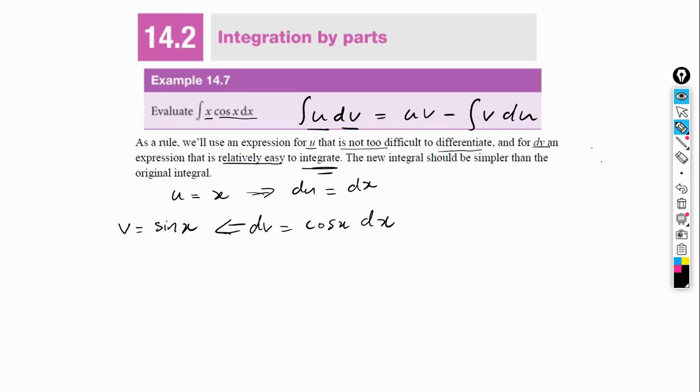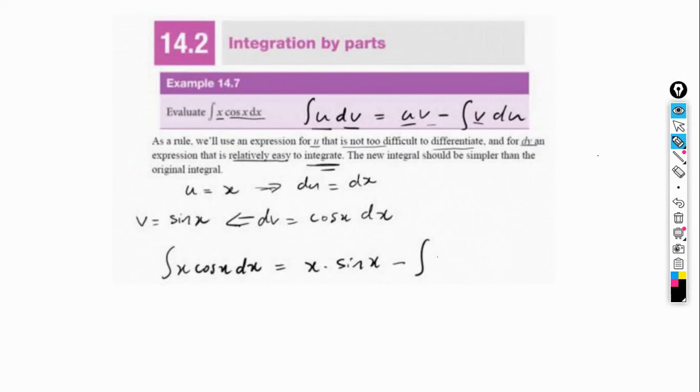And now we're ready to substitute inside the formula. Notice that we need u, which is x. So we can actually write that the integral of x times cosine of x dx is equal to, again, x, because that's u, right, times v, which is sine of x, minus the integral of v, which is sine of x, and then du, which is dx.